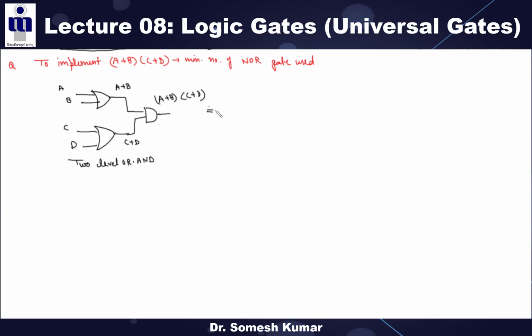So how can it be implemented with the NOR gate, right? So in a similar way, what is this? NOR gate? What is this? This is also a NOR gate.